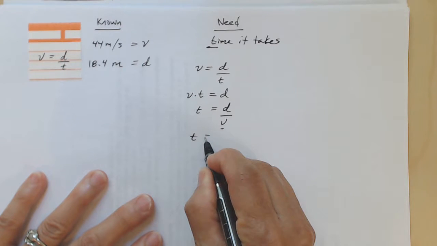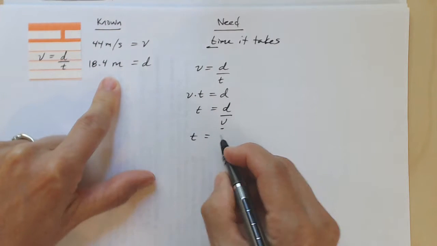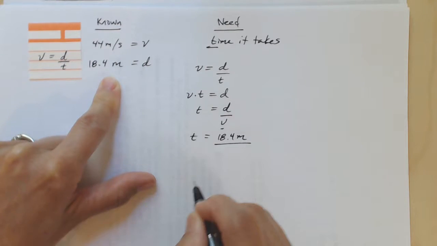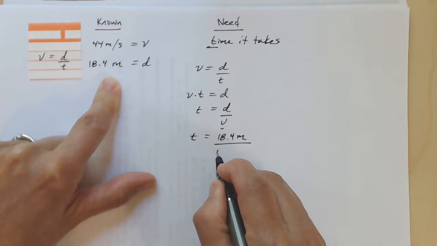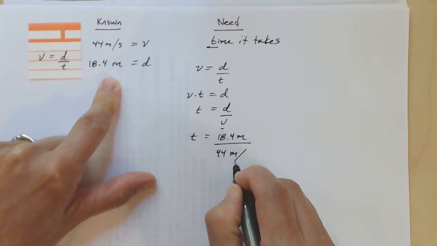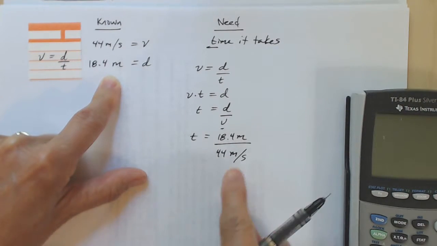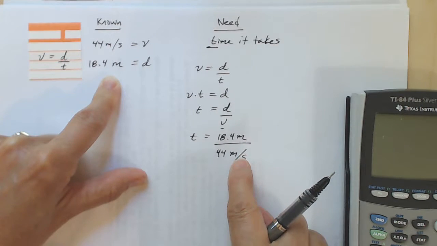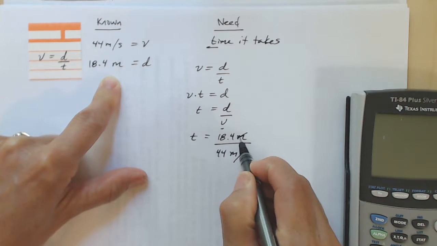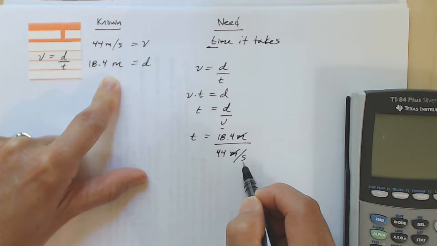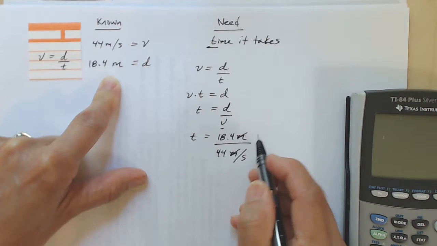And so time is equal to the distance, which is 18.4 meters, divided by the speed, which is 44 meters per second. Now I want you to notice something here, which is that we're going to end up dividing meters by meters, and so the meters are going to cancel out, and we're going to end up with seconds in the denominator of the denominator, which is going to flip the seconds up to the numerator.